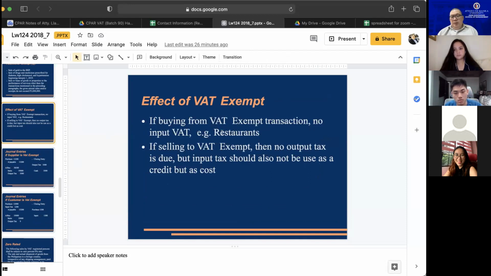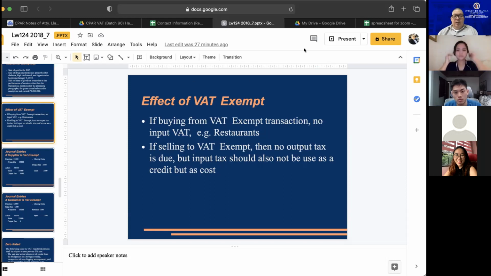There's no input. That means if you buy it from Ateneo, you cannot claim input tax. Ateneo does not, zero kanina yung VAT. If selling to a VAT exempt, then no output tax is due, but input tax should also not be used as credit, but as cost.